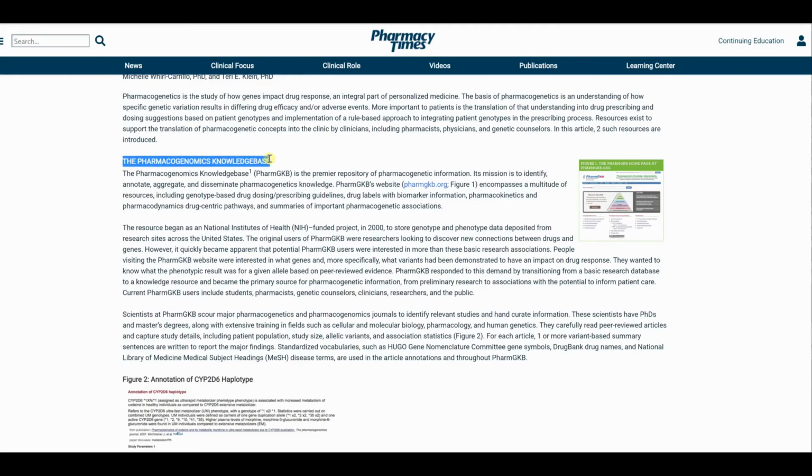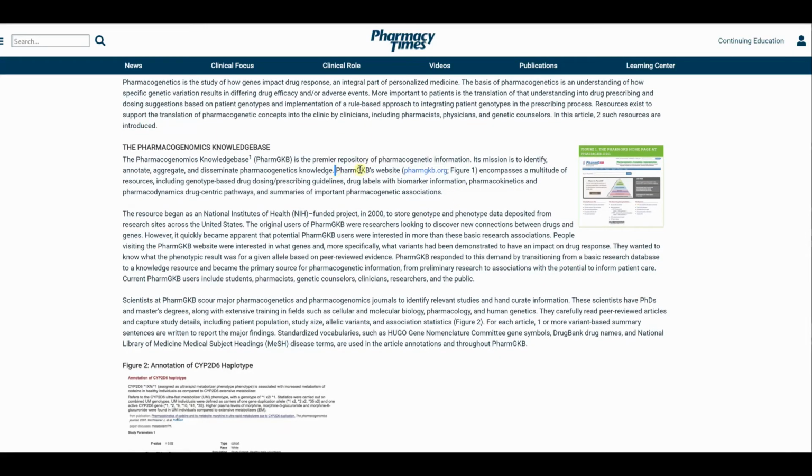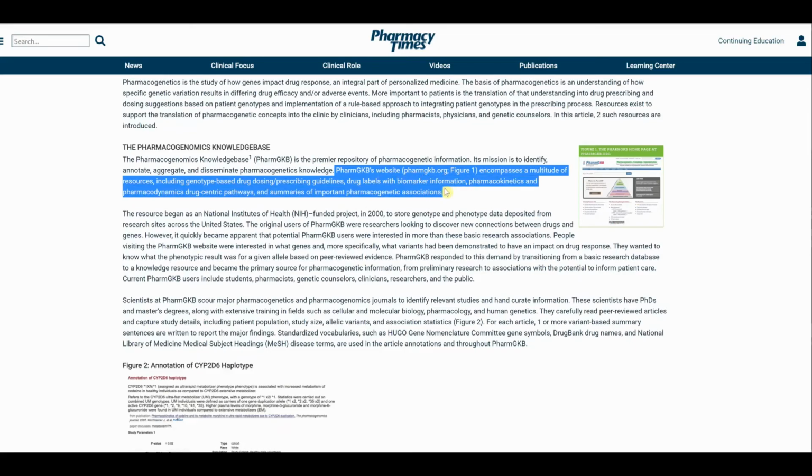So the Pharmacogenetics Knowledge Base, or PharmGKB, is the premier repository for pharmacogenetic information. PharmGKB's website encompasses a multitude of resources, including genotype-based drug dosing guidelines, drug labels with biomarker information, pharmacokinetics and pharmacodynamics, drug-centered pathways, and summaries of important pharmacogenetic associations.